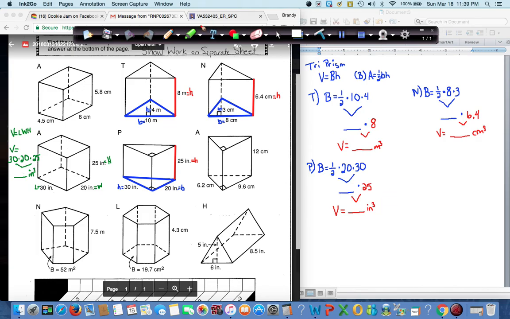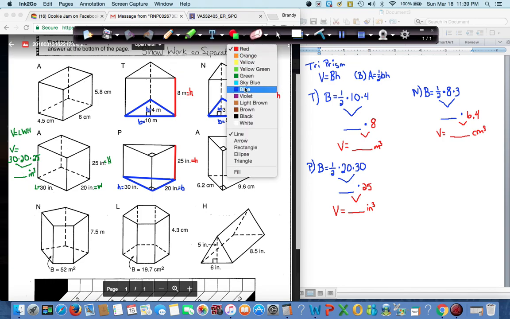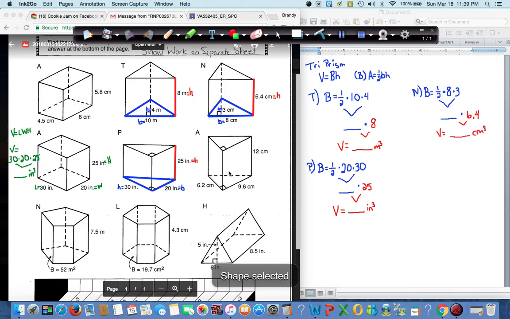Okay? Alright, let's look at A. So the first thing you want to do when it's looking for either volume or surface area, when it comes to a triangular prism, is figure out what numbers go to the triangle part and what goes to the whole prism. So again, we have our right angle. 6.2 is going to be the height of the triangle. 9.6 is going to be the base.